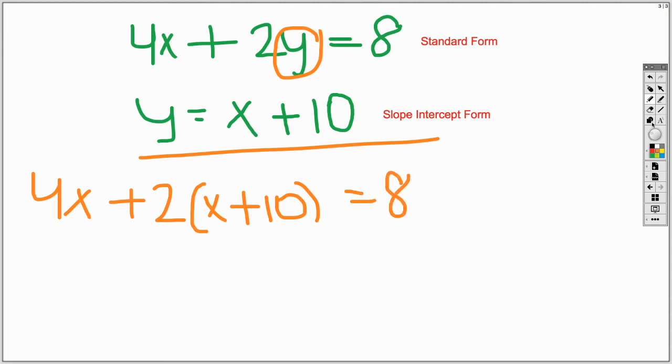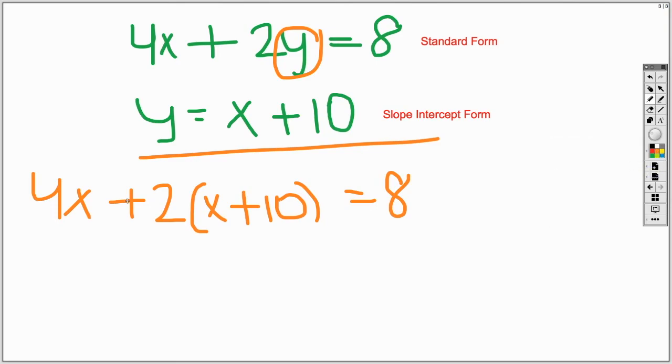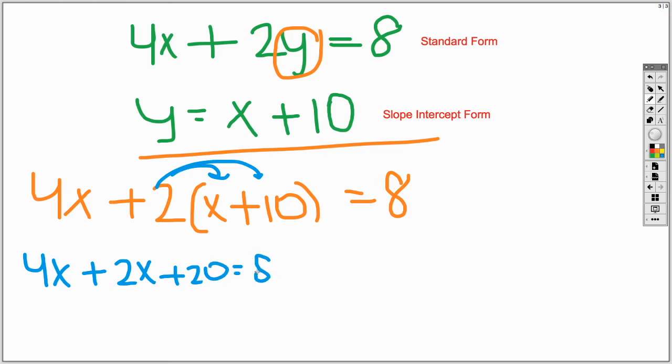Then you would just solve it like a normal problem, which we've been seeing. So we distribute this, and it becomes 4x plus 2x plus 20 equals 8. I add these up: 6x plus 20 equals 8.